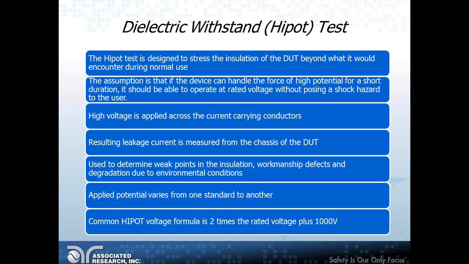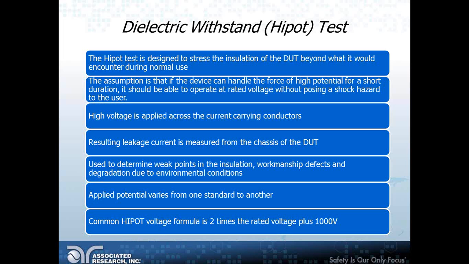It is commonly referred to as the Hipot test because it's a high potential test, designed to stress the insulation of a device beyond what it would encounter during normal use. The logic behind this test is that if the device can handle the force of a very high potential for a short duration, it should be able to operate at rated voltage without posing a shock hazard to the user.